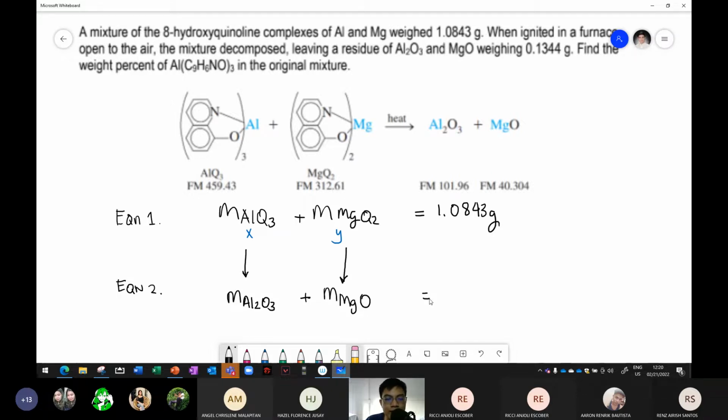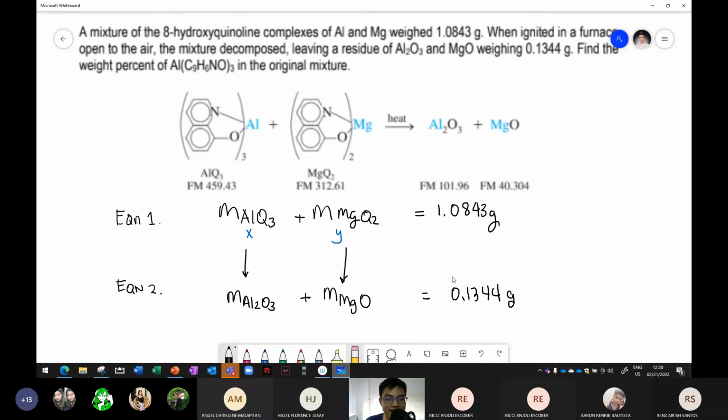And the total mass of the residue, residue pala yung mas proper na term, kasi ito yung precipitate. Ito yung residue after heating. And the total mass of residue is 0.1344 grams.